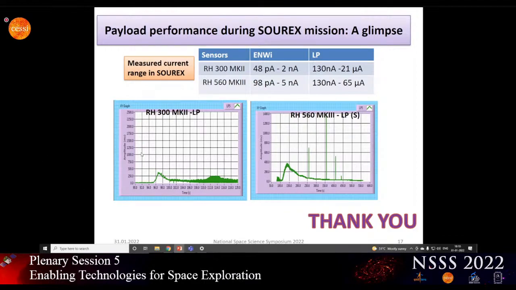So this is a sample plot of the LP, wherein this is for the shorter duration 300, and this is for the longer duration of 560. With this, let me conclude.